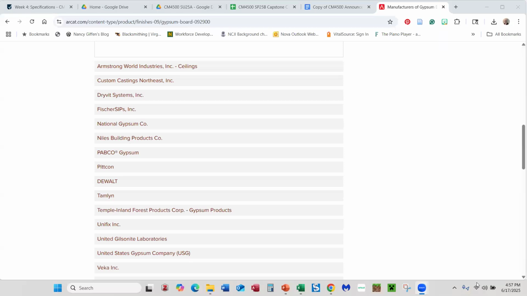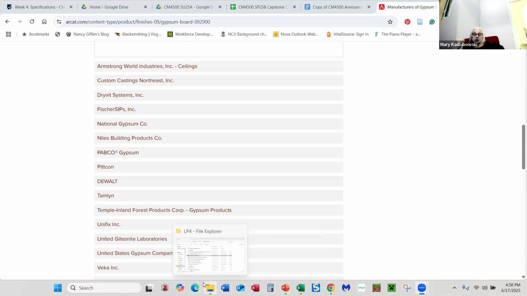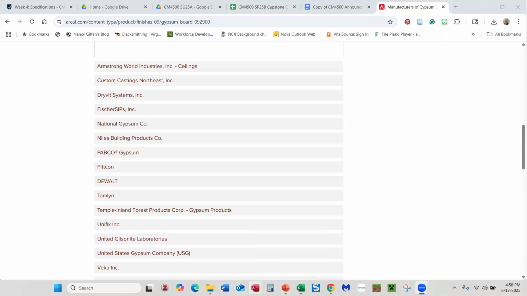So this is like an assistant for making your construction documents. It will do that as well, but mostly it's a location that will allow you to research products.